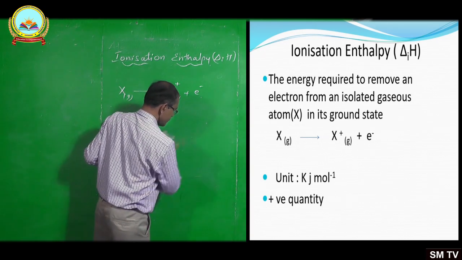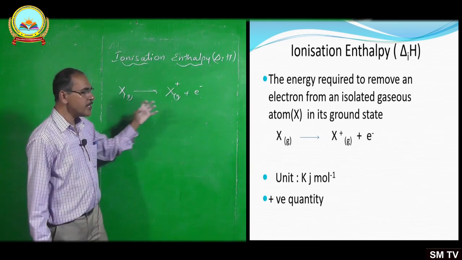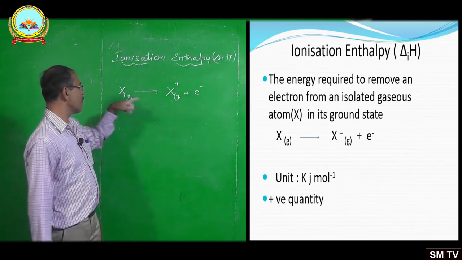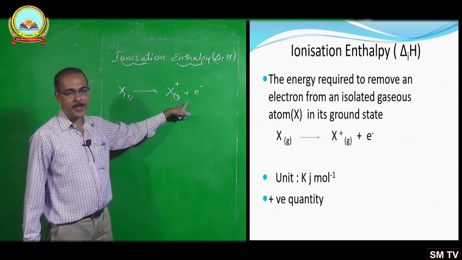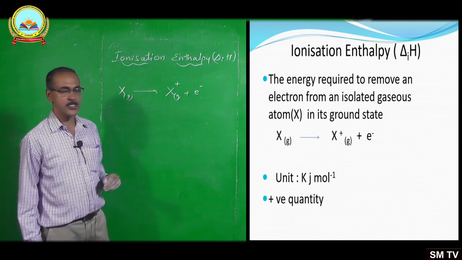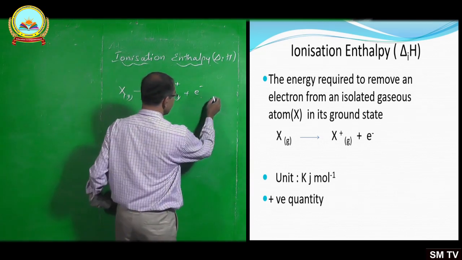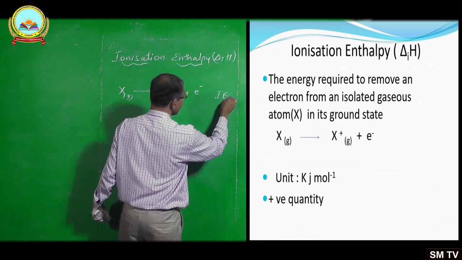Look here, the energy required to remove the first electron from an atom is called first ionization enthalpy. Let me call it IE1.